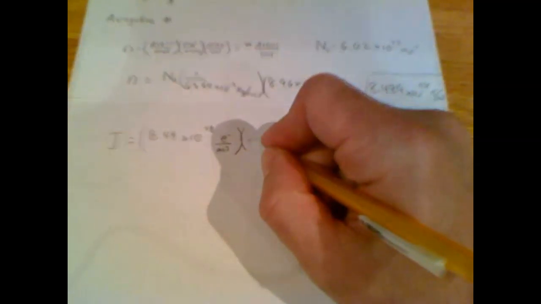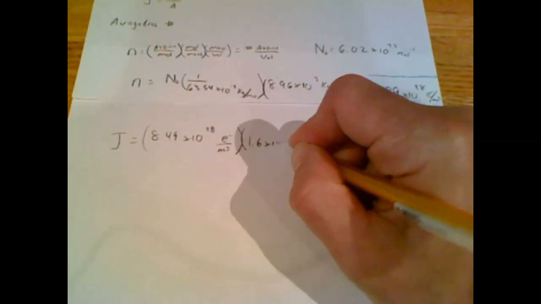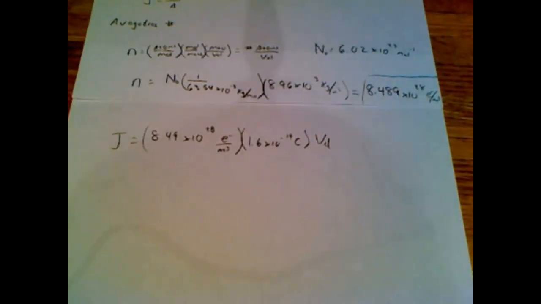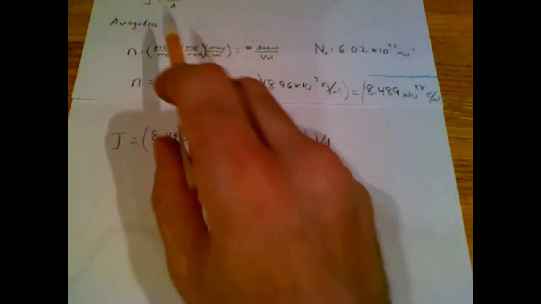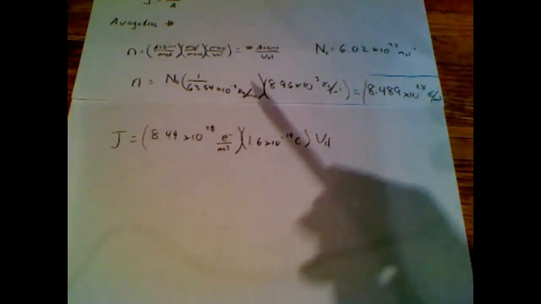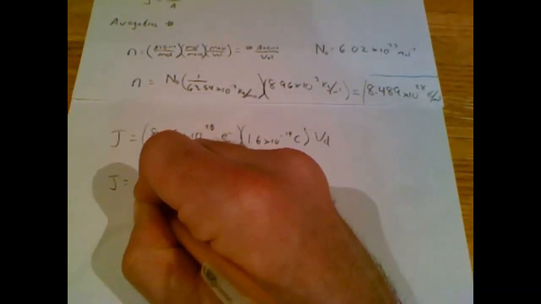I know the charge of an electron, 1.6 times 10 to the -19th coulombs, but I still don't know this drift velocity yet. So this is going to be a little bit of a hang-up, but again, I also know that I want to recall J is equal to I over A.